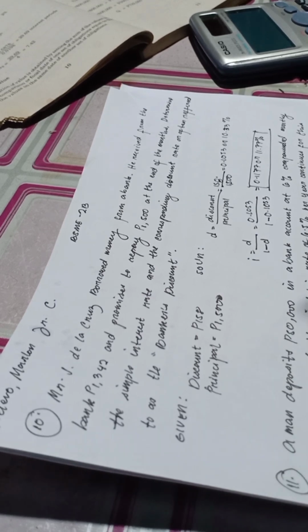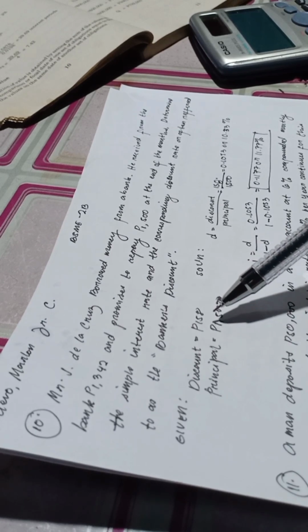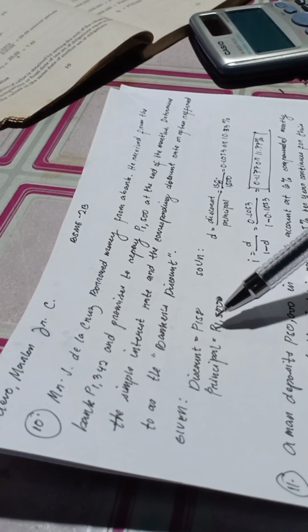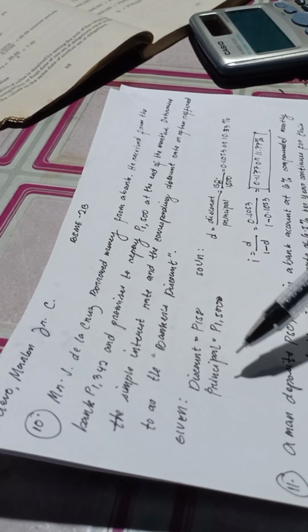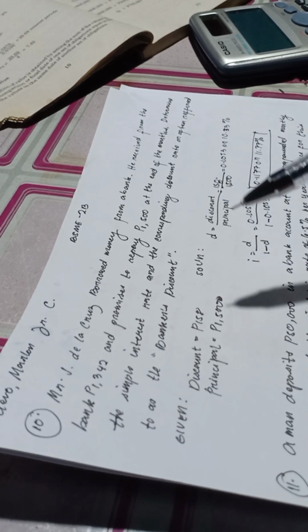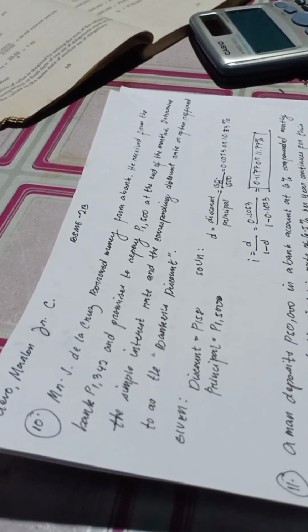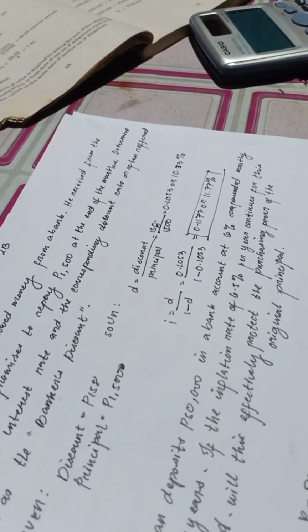So our given discount is 158 pesos, and our principal is equal to 1,500 pesos. So let's proceed to the solution.